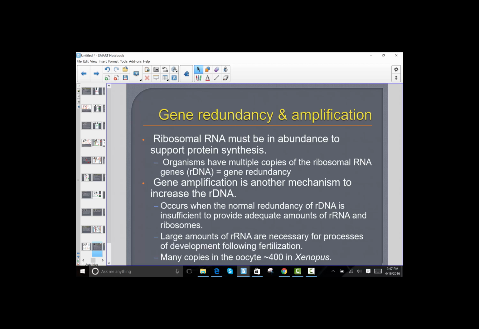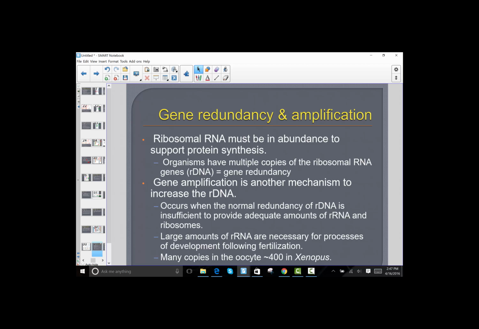So organisms have multiple copies of our ribosomal RNA genes. This is called gene redundancy. It helps because if you have one problem with one particular gene, then you can actually make this work with other genes. But it also allows you to increase the amplification of our DNA or our RNA.